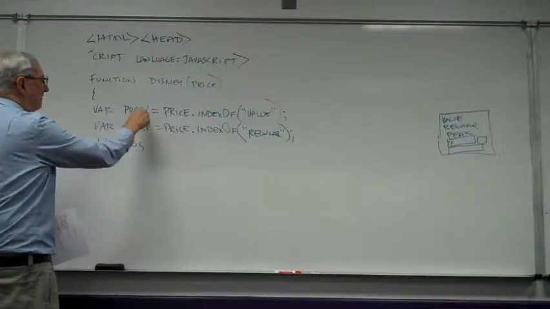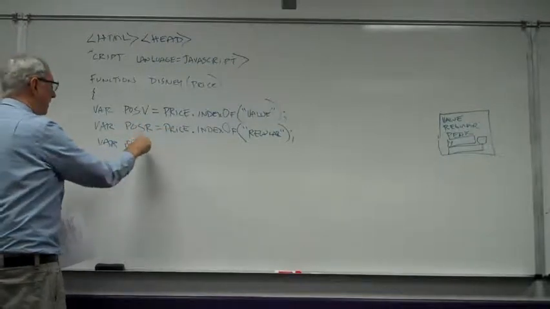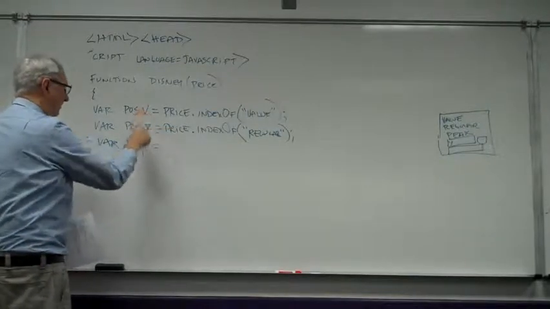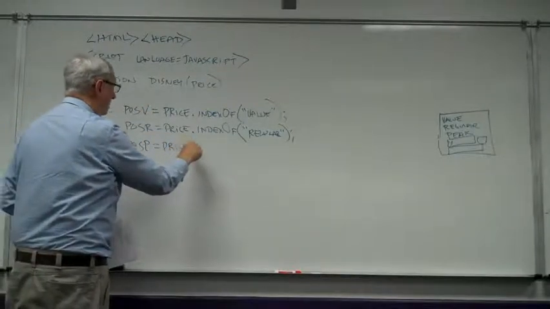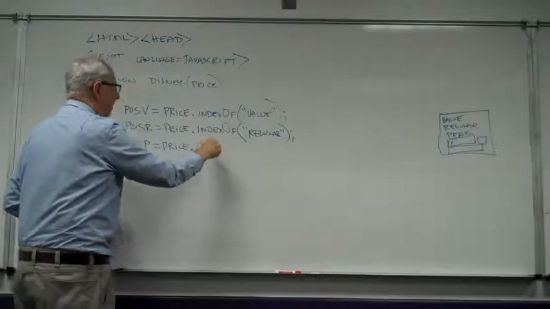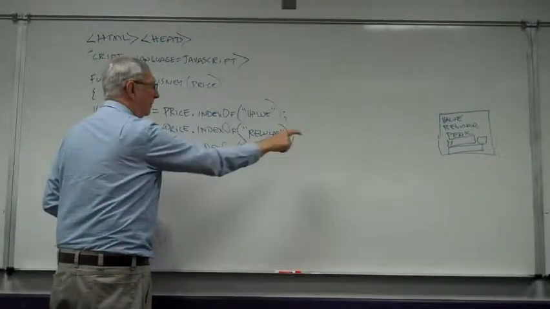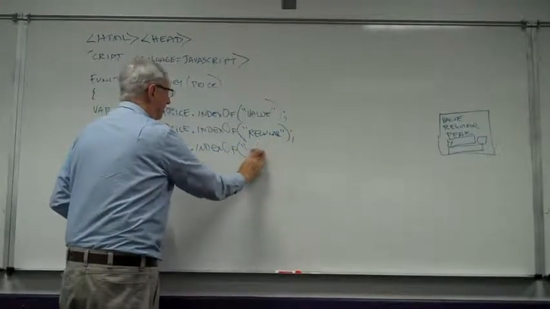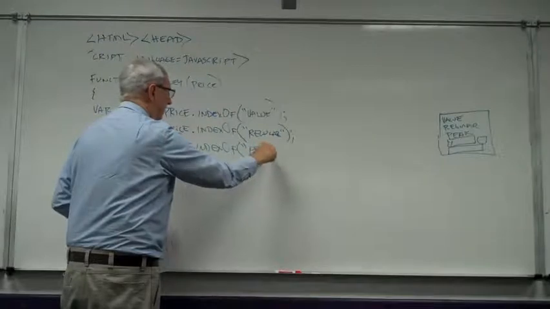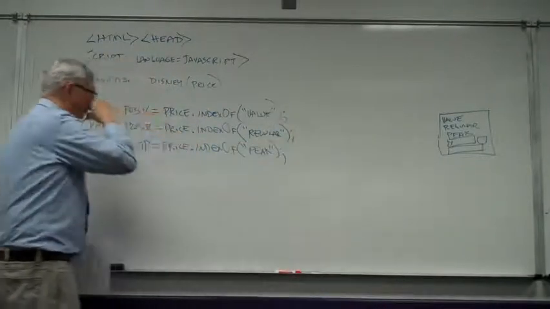Notice I'm giving these names: V for value, R for regular, and P for peak. I'm giving them different variable names here. Price dot indexOf, peak. Be sure to write them all in lowercase, because if they're typing lowercase, you don't want to put uppercase. And there it is.